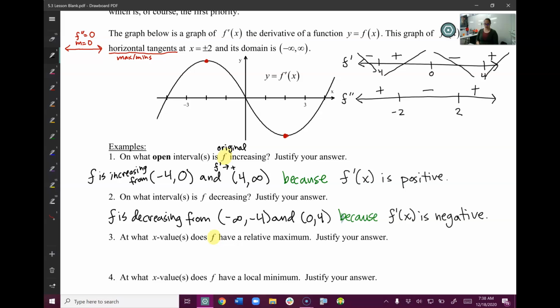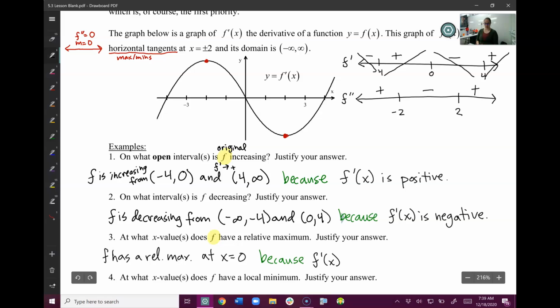So it looks like we should have a relative maximum at 0. So f has a relative maximum at x equals 0 because, referencing what we're given, f prime of x changes from positive to negative.